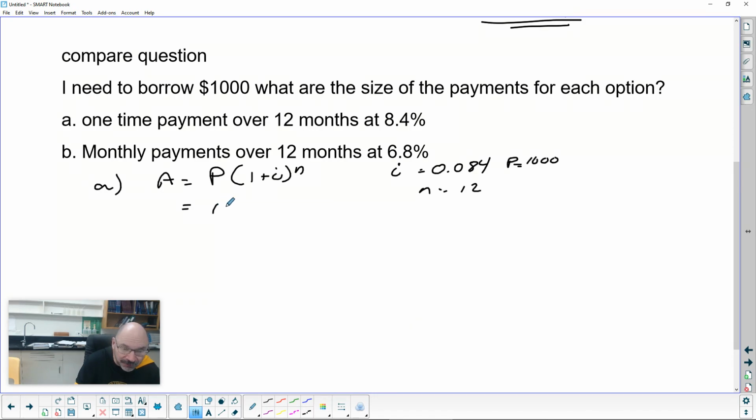Okay, so 1,000 times 1.084, not 2 zeros, and power of 12.